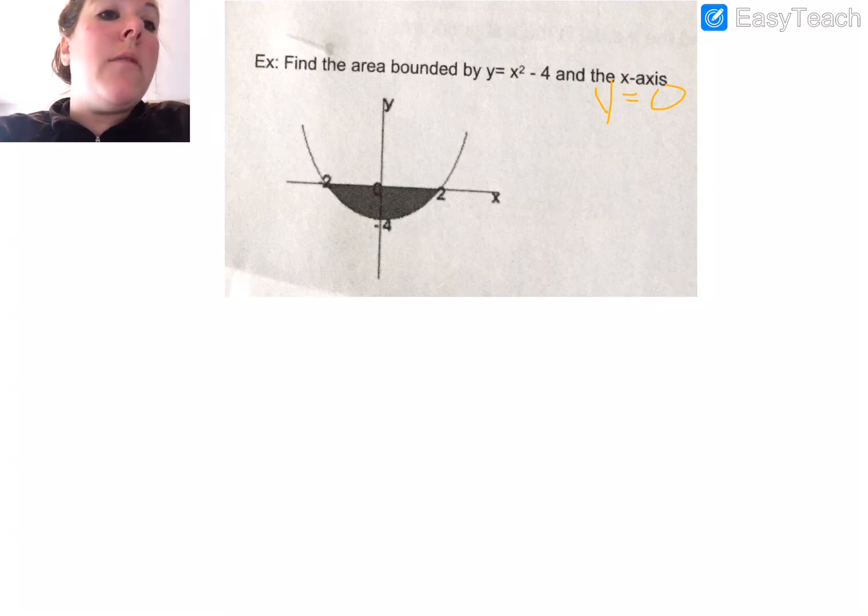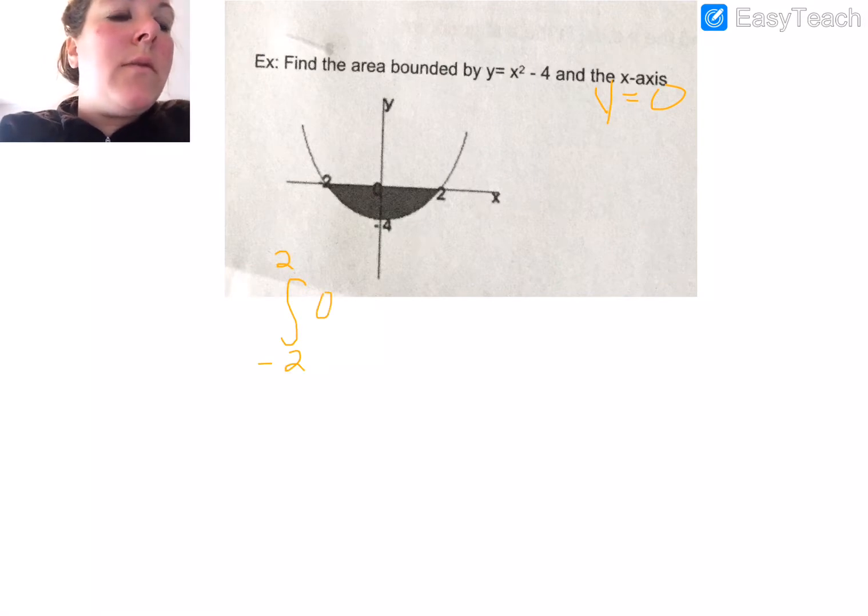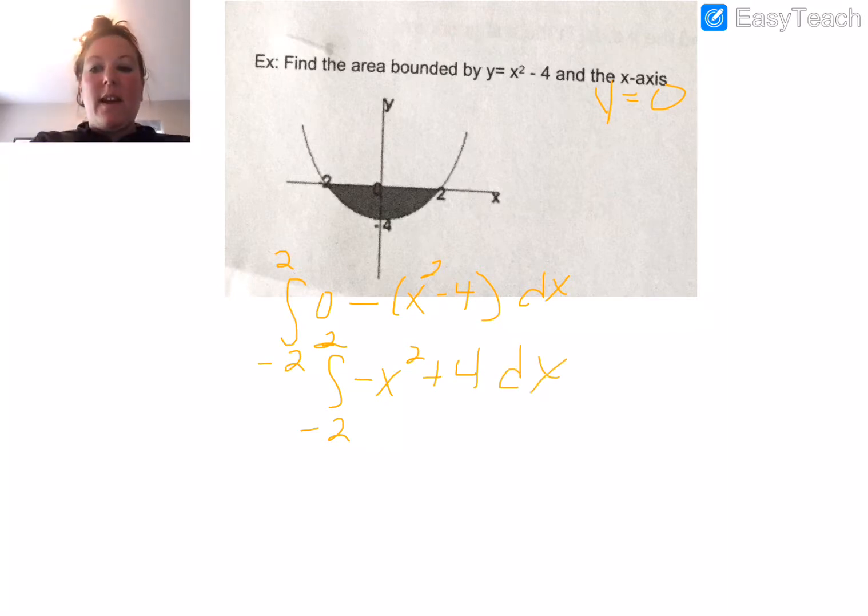So, integral from -2 to 2, and my top function is y equals 0, minus my bottom function, x squared minus 4. Distributive property gives me that.